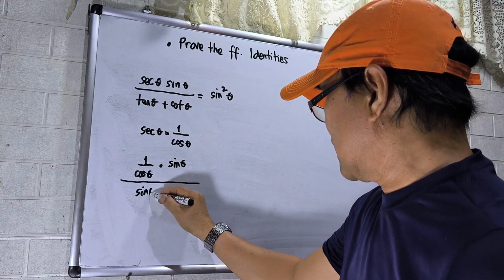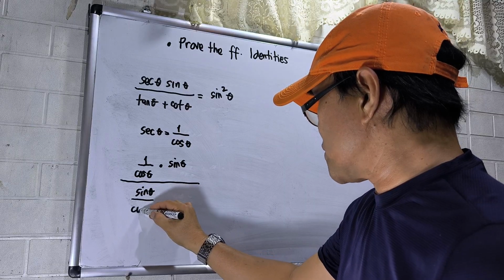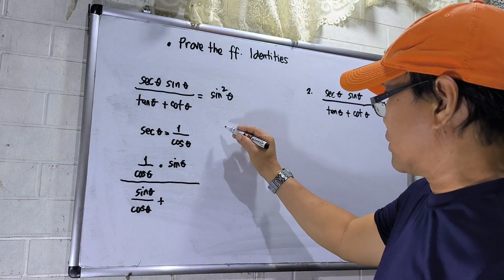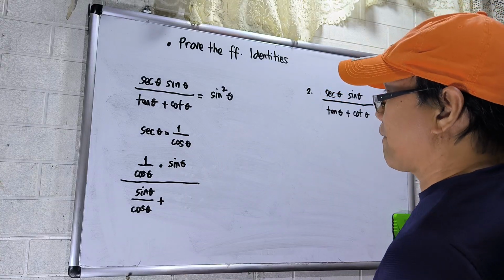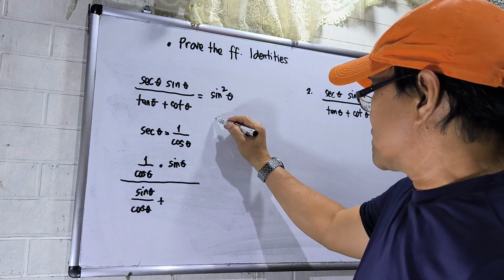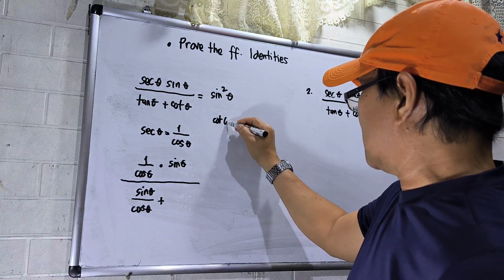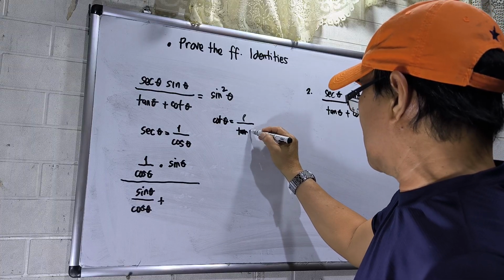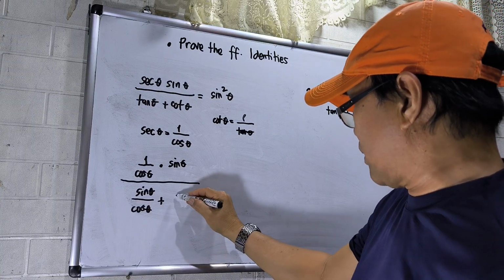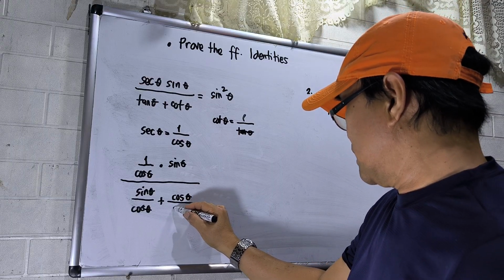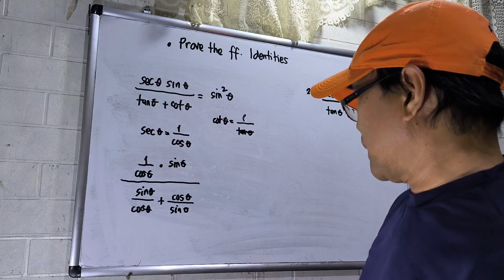Tangent is sine theta over cosine theta plus cotangent. Cotangent is the reciprocal of tangent. So when you say cotangent, this will be upside down of tangent theta, so this will be cosine theta over sine theta.